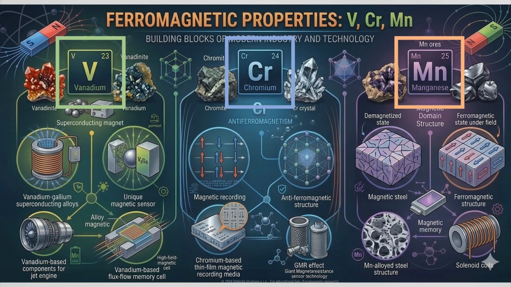Because these atoms contain fewer electrons than, for example, iron atoms, their overall magnetic fields are weaker than those of the best-known ferromagnetic materials. For this reason, their ferromagnetic properties are usually applied in combination with other elements or specific material structures.